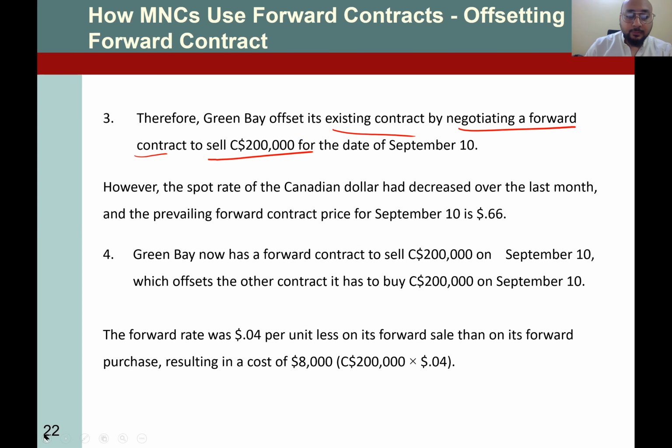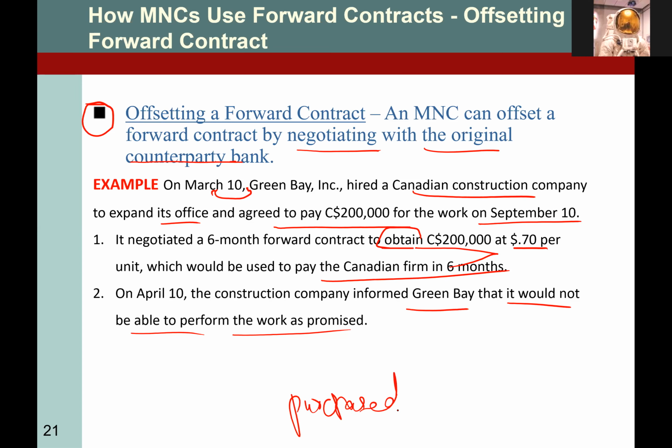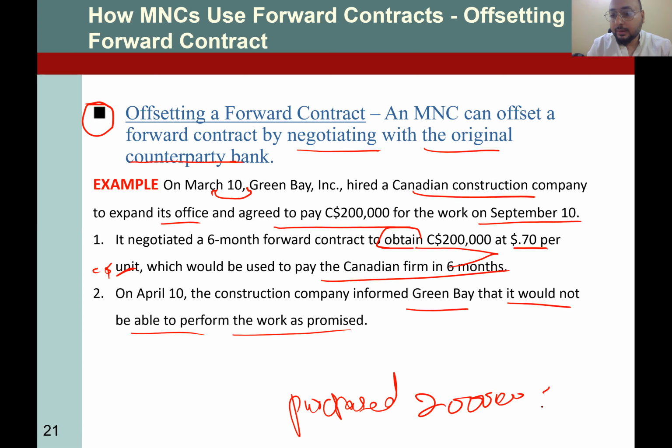In our first forward contract, we negotiated to obtain or purchase the Canadian dollar. So the rate is for exchanging dollars into Canadian dollars, right? So they will be purchasing 200,000 Canadian dollars.